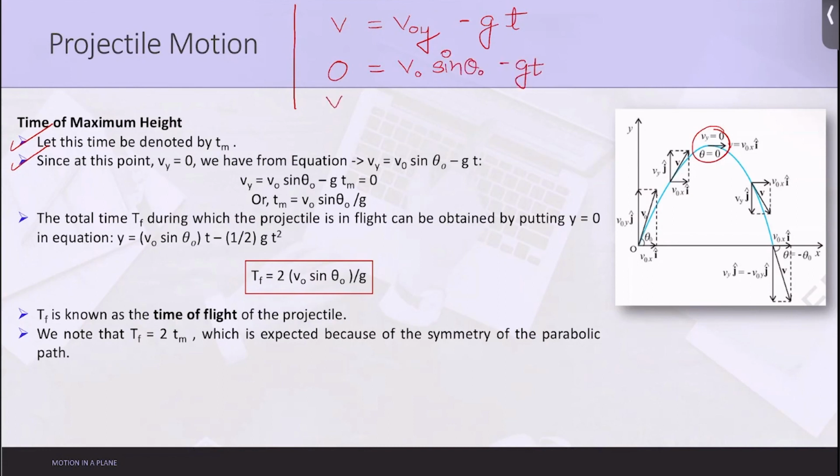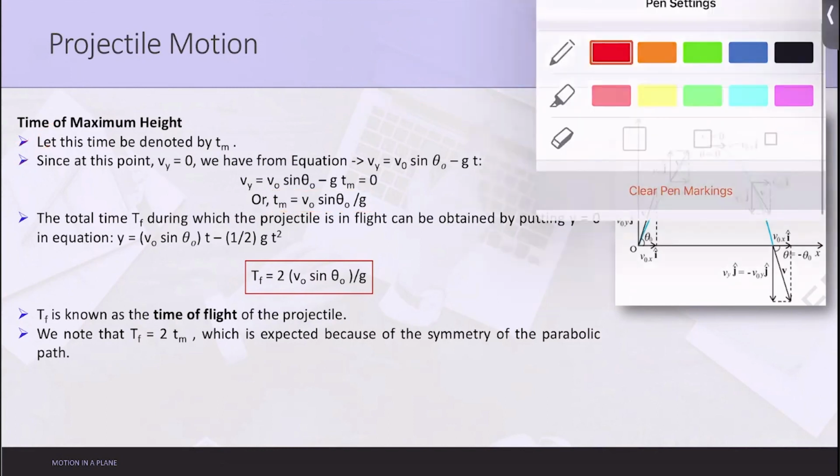So from this relation, we obtain v naught sine theta naught is equal to gt. Hence, this t, which is equal to Tm, is equal to v naught sine theta naught by g. Okay, so that is how we obtain the time of maximum height, v naught sine theta naught by g. I think it is clear.